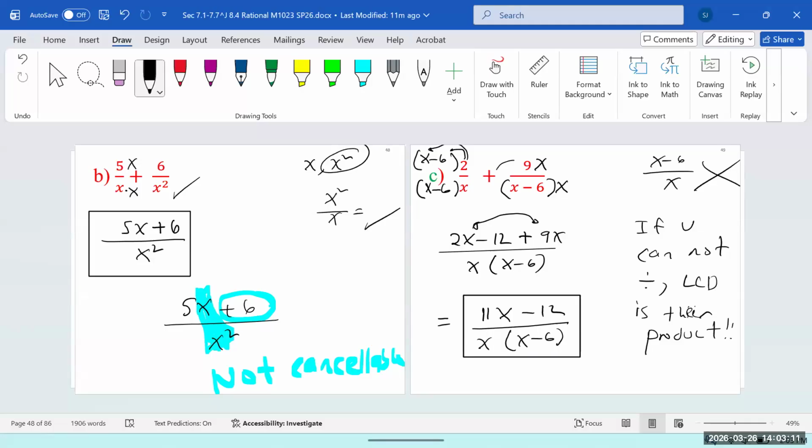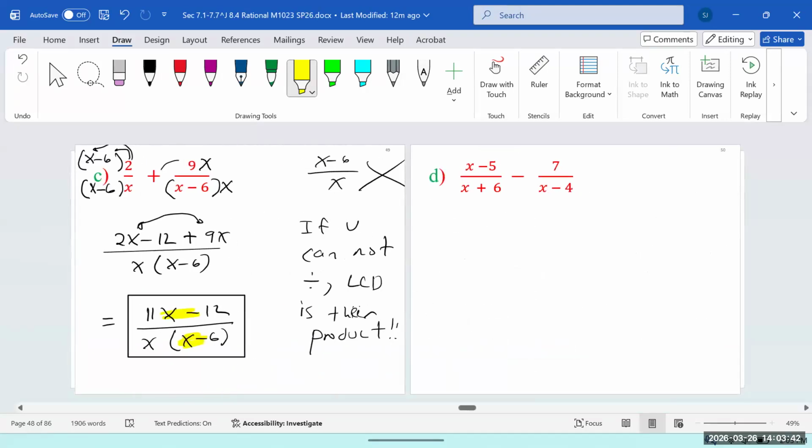Can you cancel? Next to the 6, what do you have? Minus. You cannot cancel. Also, this x has a minus next to it, so you cannot cancel the x. So nothing is cancelable here because they all are strong. We can only cancel in multiplication.